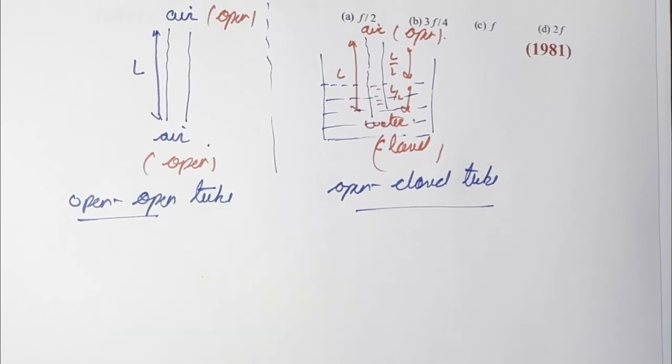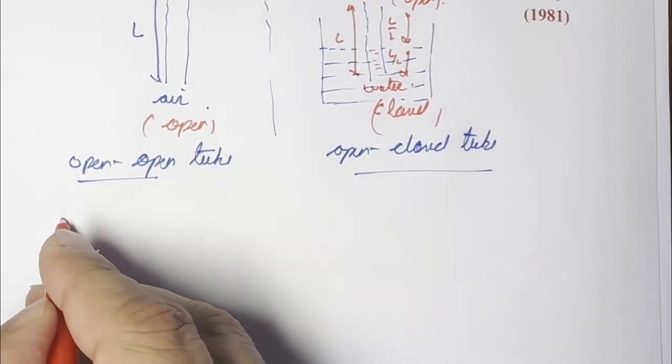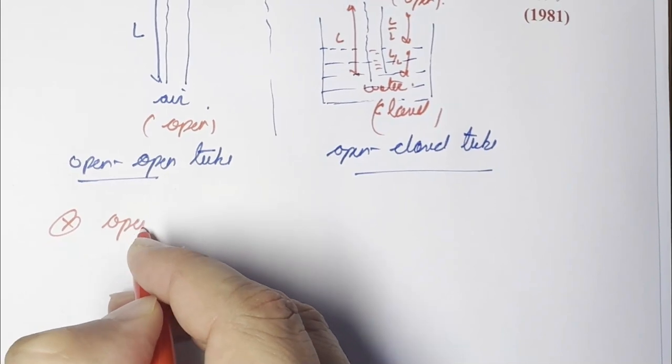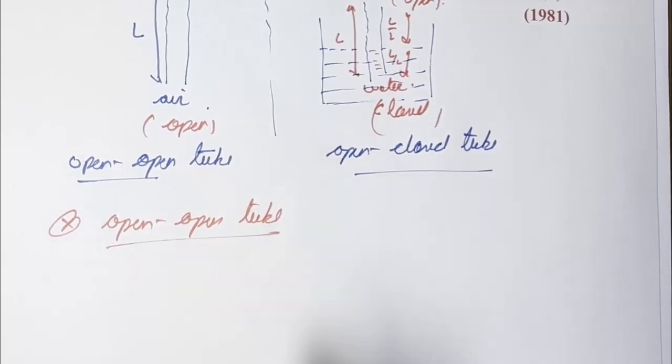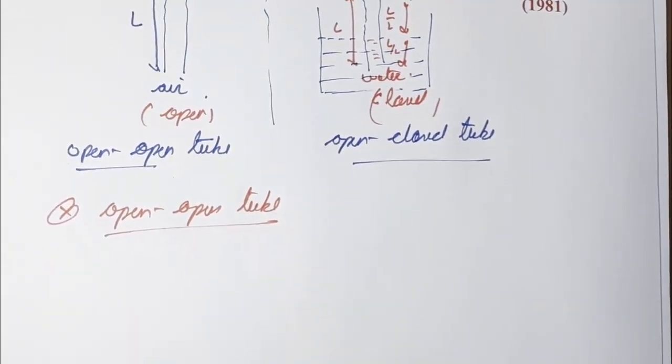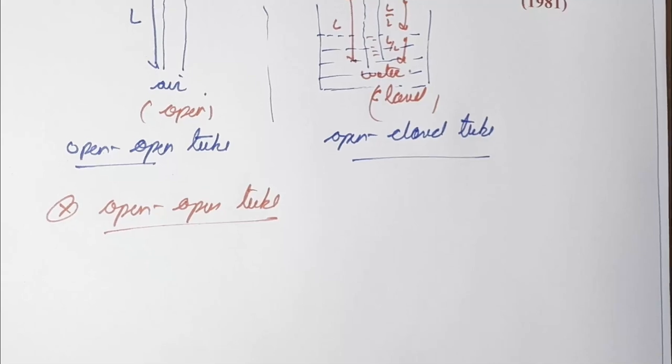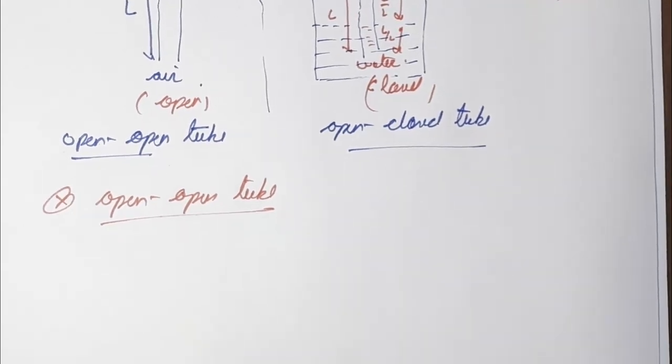So let us start with the open tube. In this case, when it is open at both ends, the fundamental mode is going to have two antinodes at the ends and one node at the middle. This is the basic property when the tube is open at both ends.